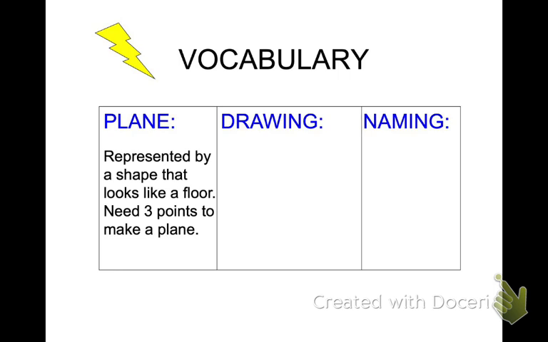Okay, so if we do our drawing for a plane, let's make a parallelogram. Now we've got a bunch of ways to name a plane. Again, it's the naming part that's the important part. So 3 points inside that plane. Put 3 dots. Name them A, B, C. So to name that plane, I'm going to write out the word plane.